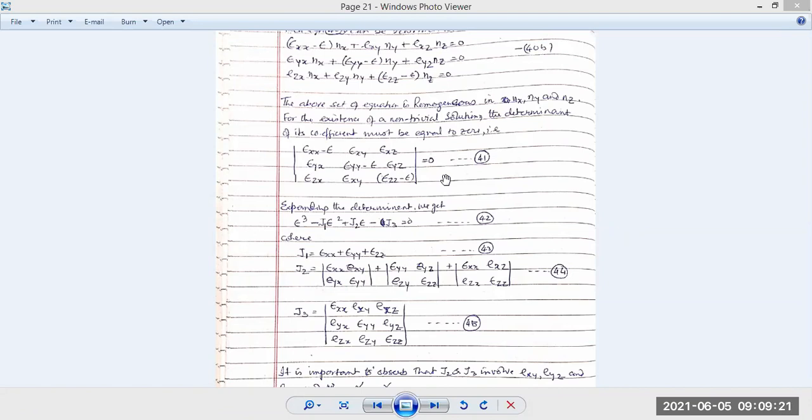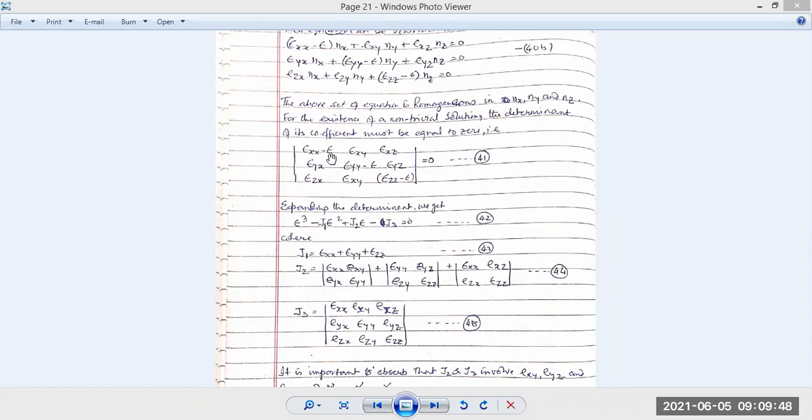But other than 0, they may also have some other values which we are supposed to calculate. Here we put the matrix with the coefficients of all three equations, and it takes this form. We put this matrix equal to 0 to find the solution for epsilon, while ex, ey, and ez are parameters and epsilon is the unknown parameter.